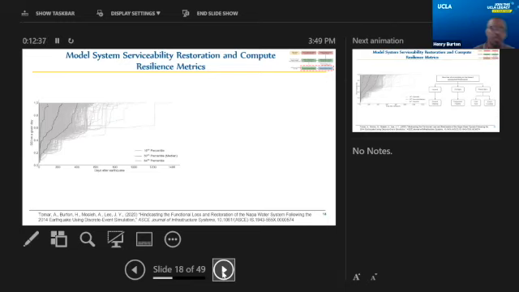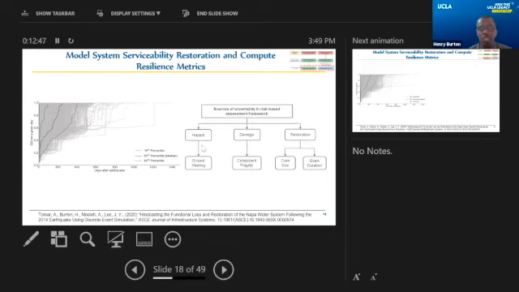What's shown here are restoration curves for a single scenario where we're considering multiple sources of uncertainty. We're considering the uncertainty in the hazard by simulating a joint distribution of shaking, doing a Monte Carlo simulation to get multiple realizations of shaking over the region.